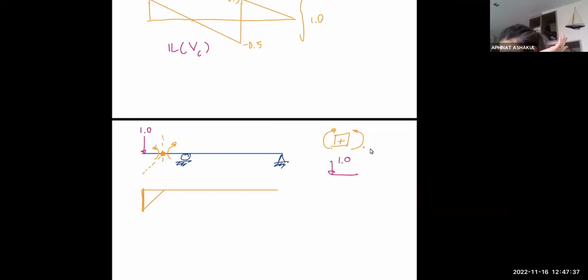Here is 1. So MA here, unfortunately, the length here is 1, so the moment is equal to 1. That means this is -1. And this is the influence line of MA.